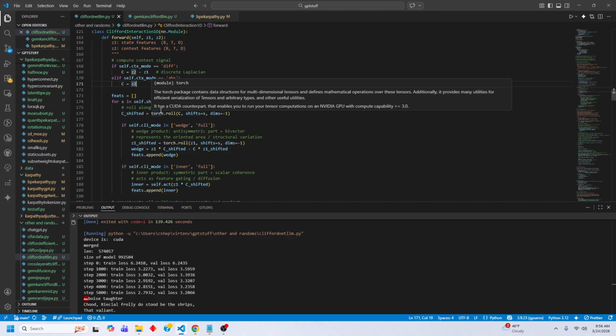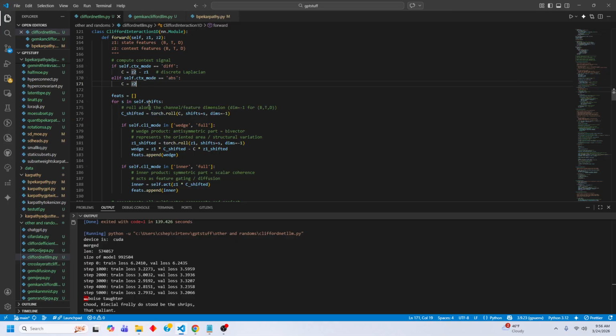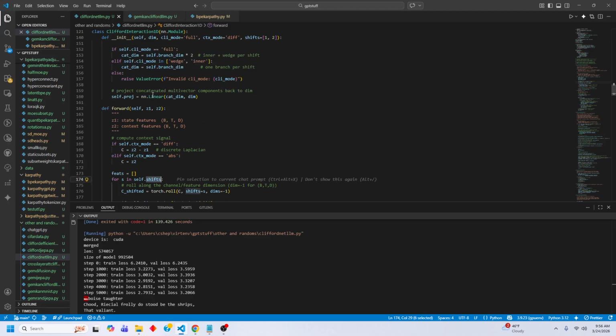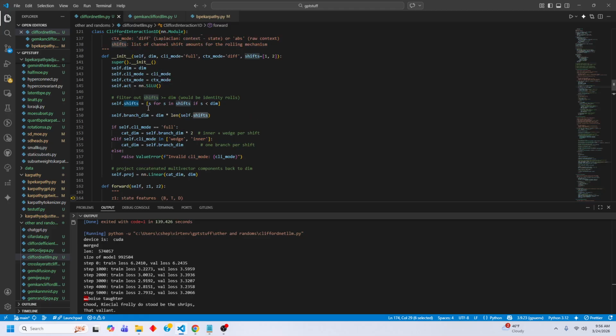There are these shifts, which I was saying: with a change in context, the outer wedge product figures out how the vector changes. So that's what these shifts are, changing the context.